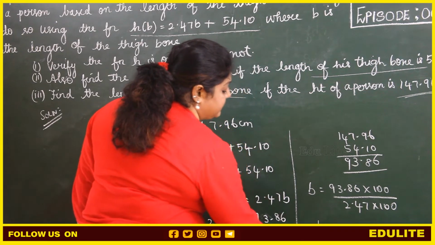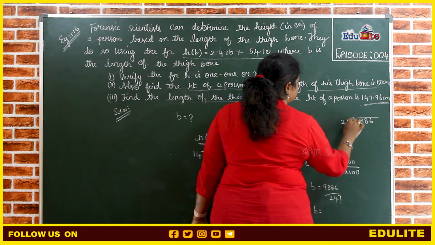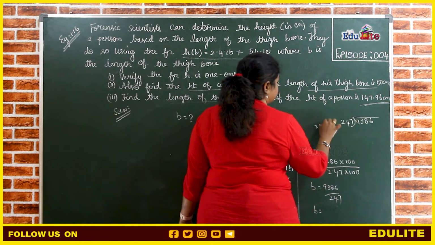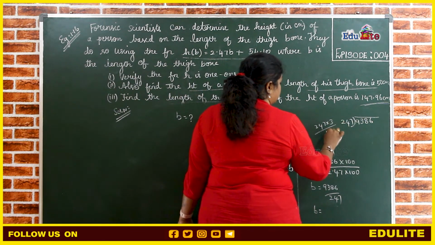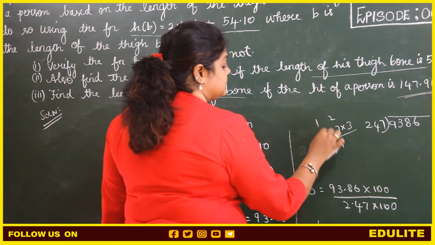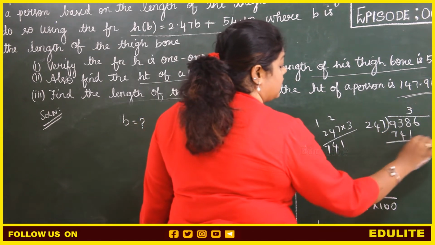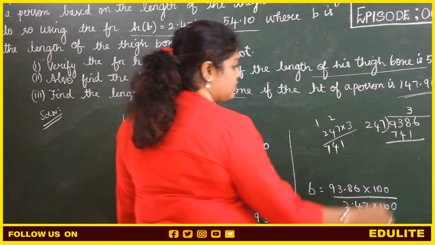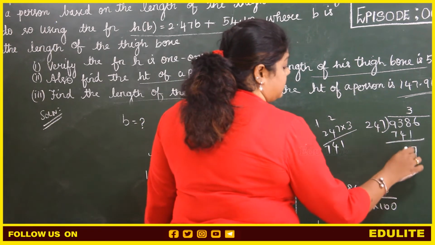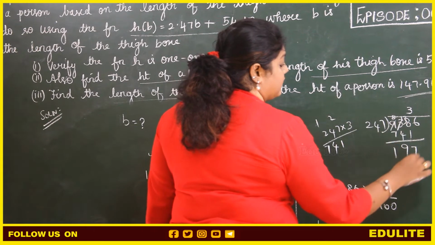Let us simplify this. 9386 is divided by 247. Let us choose 247 into 3. 21, 2, 12, 14, 1, 6, 7. So 3 times 247 is 741. So 7, 9, 1.